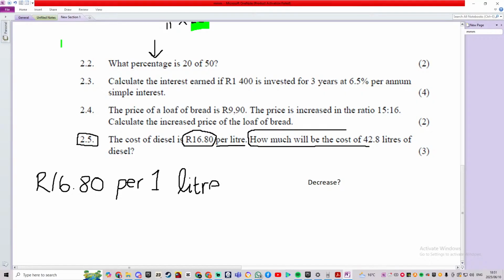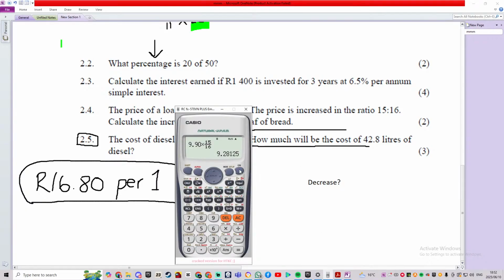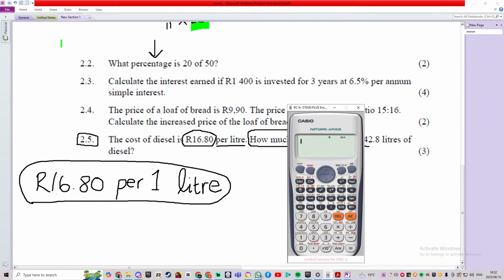Now, that is very important to understand for us to do this answer. If I ask you, what would then be the cost of 2 liters? If it's 16 rand, comma 80, it says per liter, so that's for 1 liter.